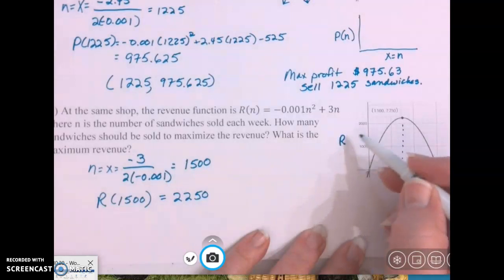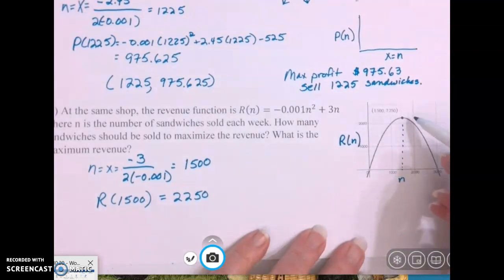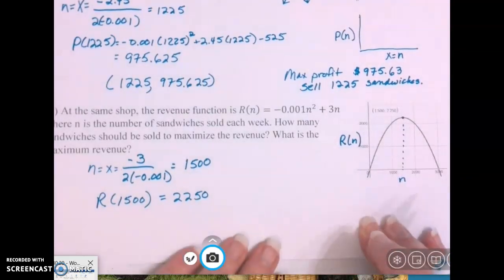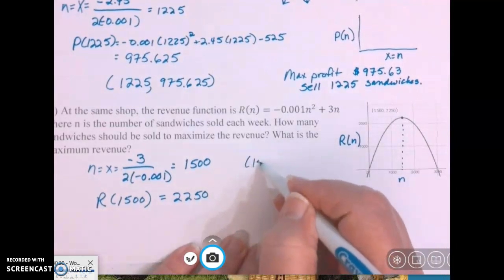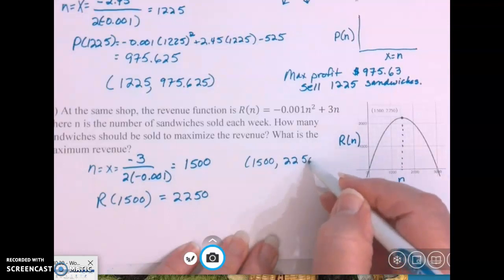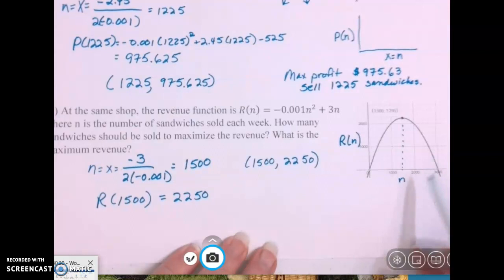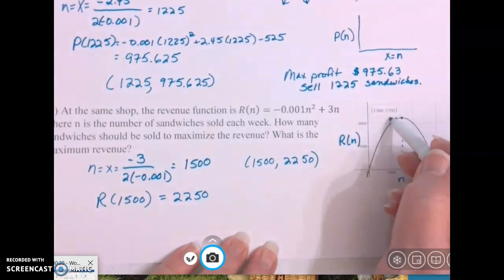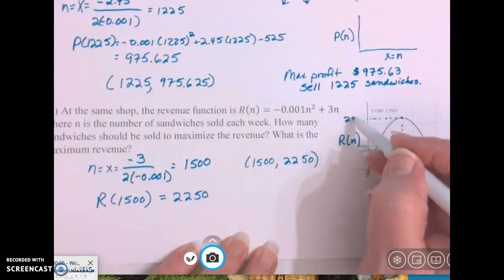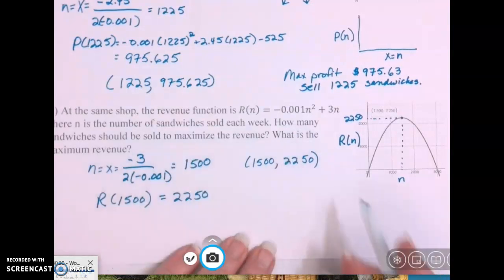So this is revenue going up the y-axis. So that tells us when we look at that vertex, our vertex is 1,500, 2,250.